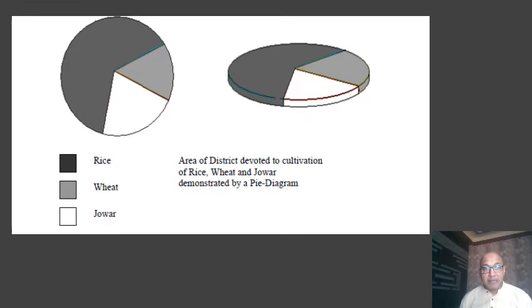In a pie diagram, it is necessary to express the value of each category as a percentage of the total, since the circle represents the total and we represent each category in the circle.